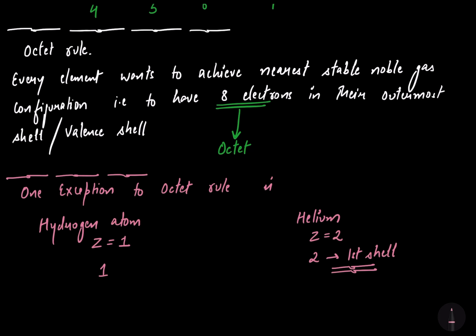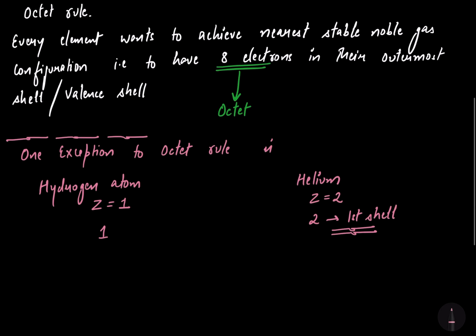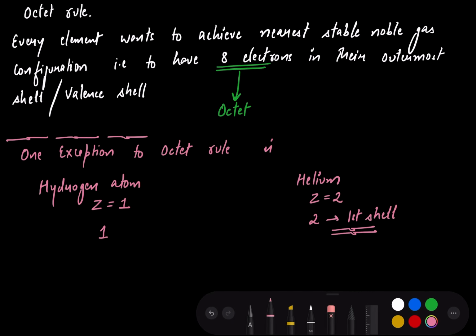Now in case of hydrogen, hydrogen wants to achieve only 2 electrons because it comes before helium. Hydrogen comes before helium in the periodic table. So hydrogen wants to share only one more electron to get stable noble gas core of helium gas. So what hydrogen needs?